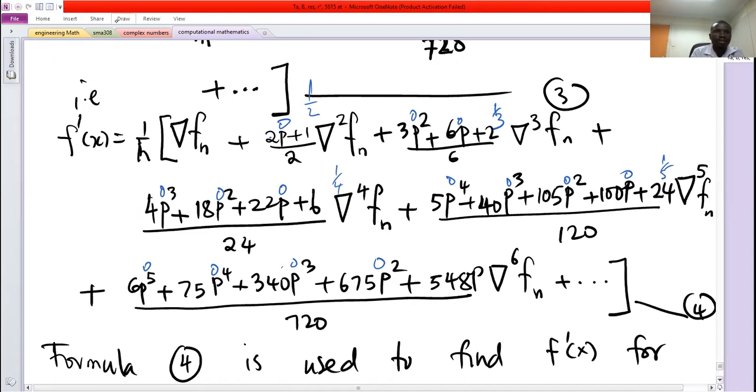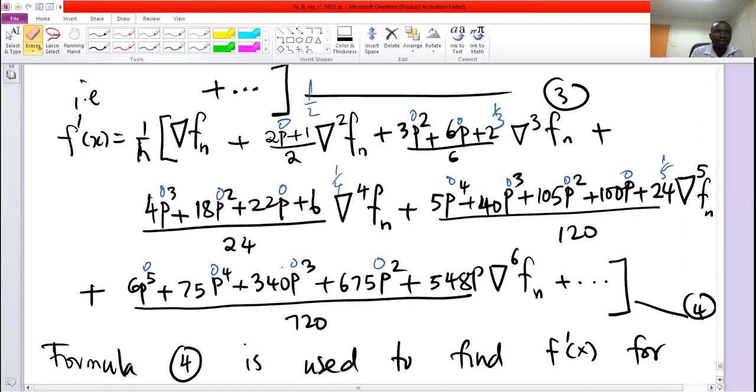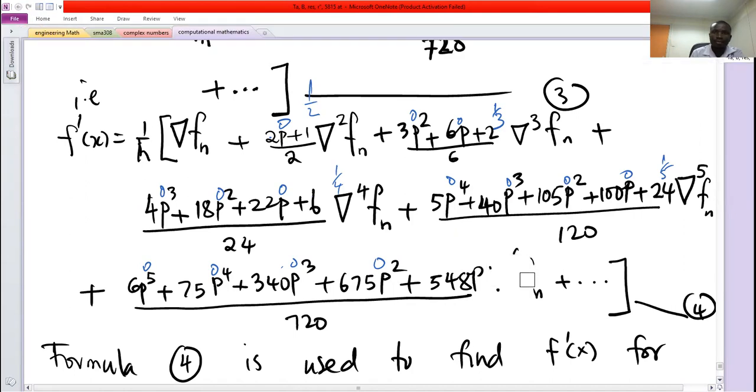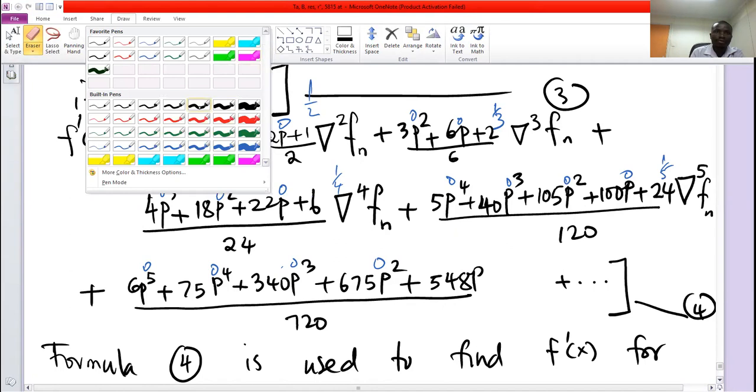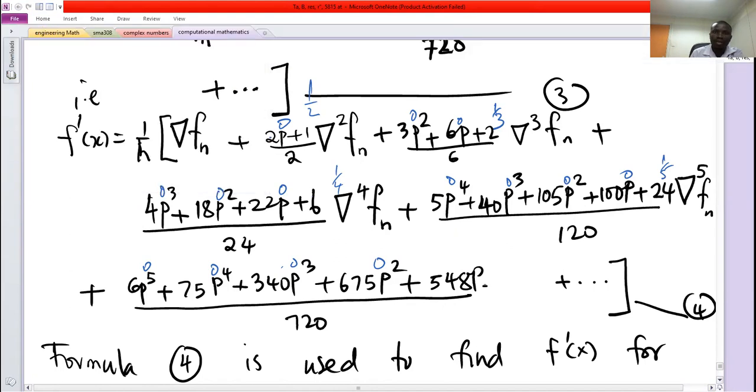There's also a plus 120 here. If you write the term, the coefficient of sixth backward, you'll find that there's also 120 here. So try to open and confirm that. So put 0 here, then you'll have 120 divided by 720, which is 1/6. So there is a pattern.